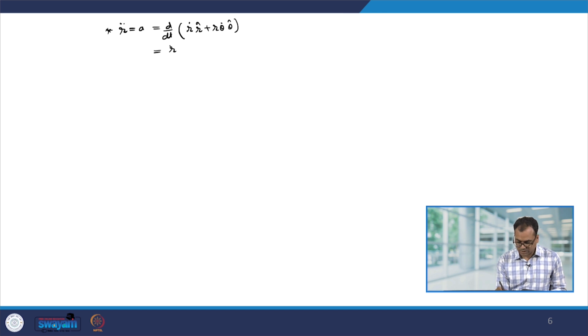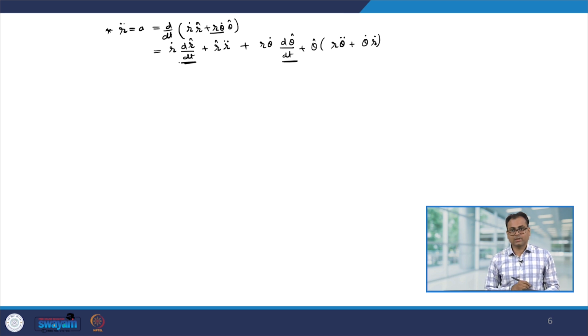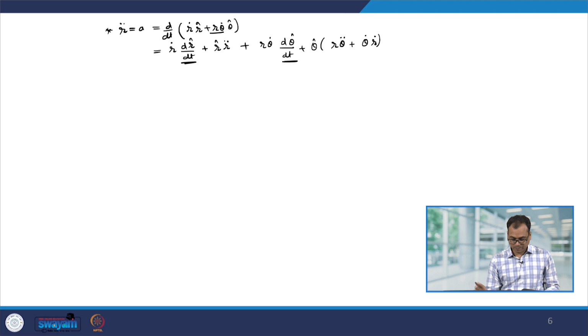So, it is first function as it is, then d r cap over dt plus r cap r double dot, plus, let us say this is the first function, so we have r theta dot d theta cap over dt plus theta cap r theta double dot plus theta dot r dot. Now we know what is this function and what is this function, because d r cap over dt and d theta cap over dt we have already calculated in equation number 4 and 5. Let us put this in this equation.